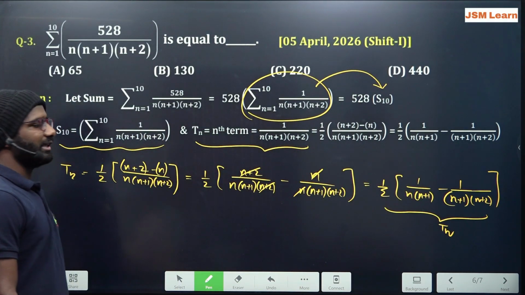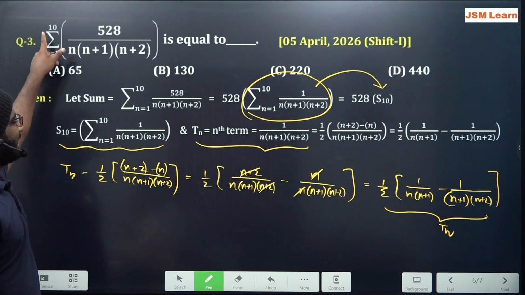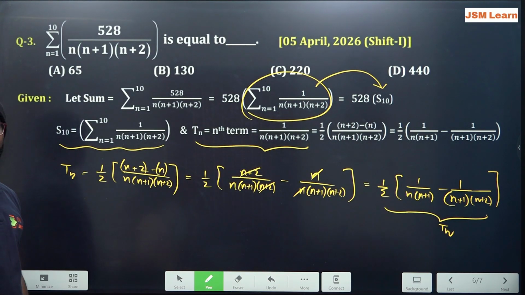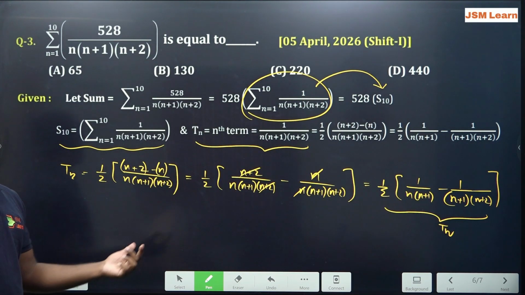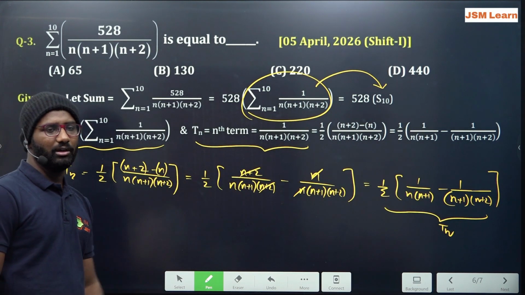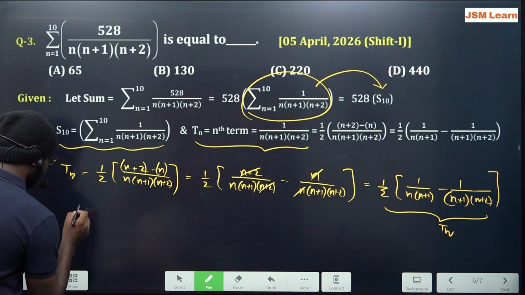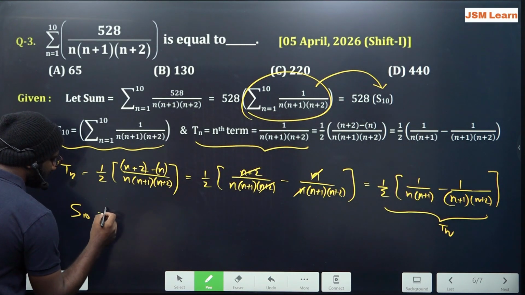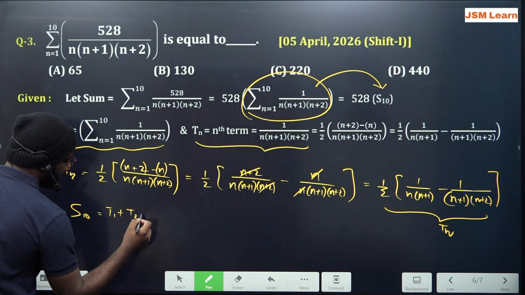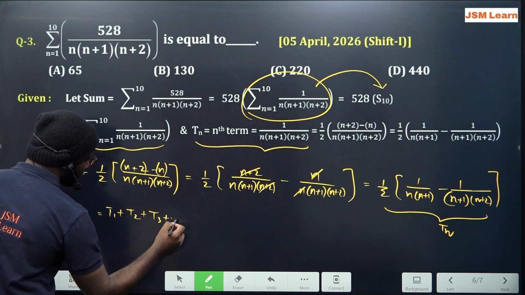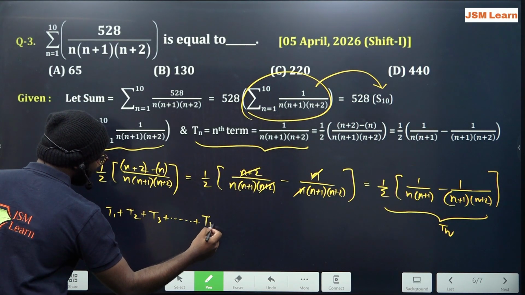Now we are going to find the sum of 10 terms, right? Here n is running from 1 to 10. That means T1 plus T2 plus T3 plus up to T10. That is nothing but the sum of 10 terms, that is equals to T1 plus T2 plus T3 plus up to T10.